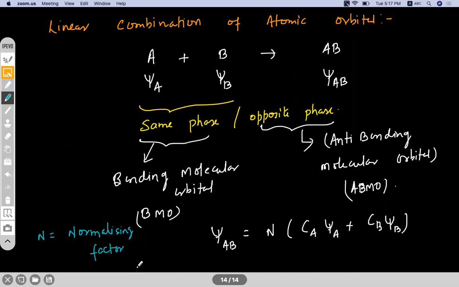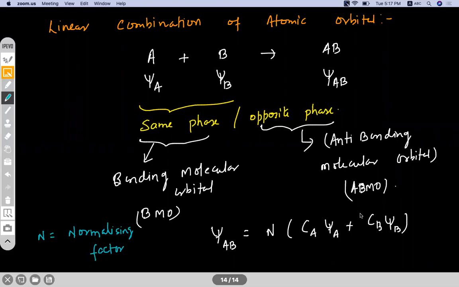Okay, next write down one note here. The normalizing factor is the factor which ensures that the probability of finding an electron in the universe is 1.